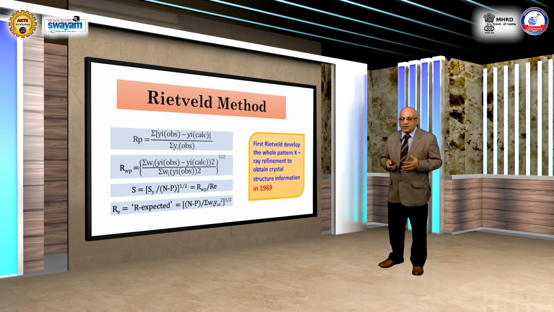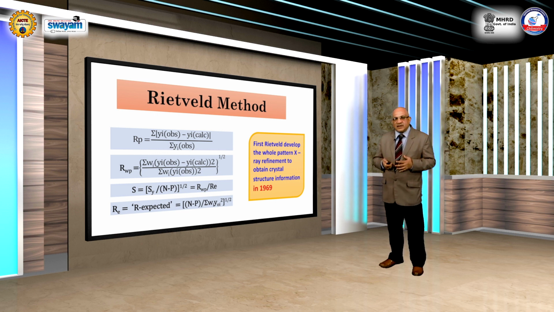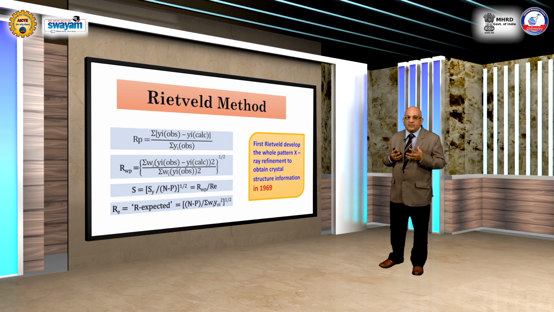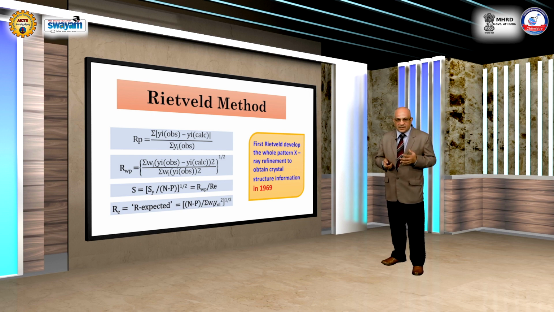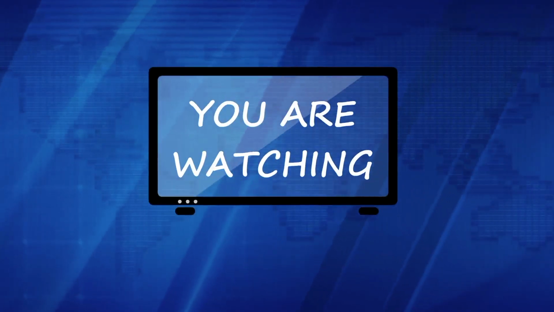This is how you do Rietveld refinement to find the structure of a material which you do not know, or to find the atomic positions. This is not very trivial, and it requires very high quality X-ray diffraction data.